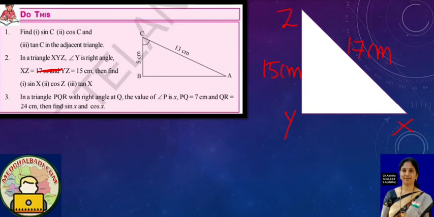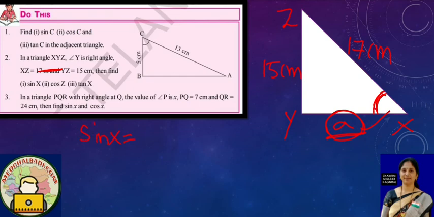So they are giving different angles. First, whatever the angle, we have to find the third side. That is, here you have to find the XY value first. Let it be A and use the Pythagoras theorem. Find the A value first. After that, if you want sin X, you have to take the X angle. What is the sin X formula here?